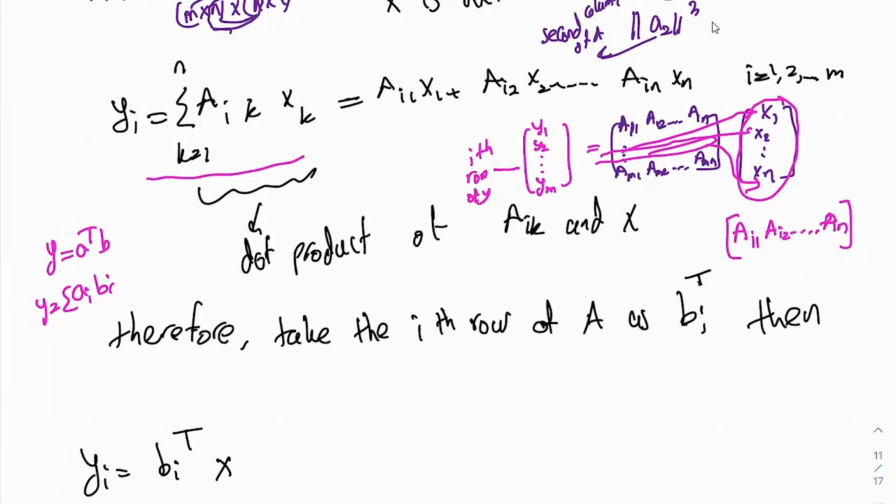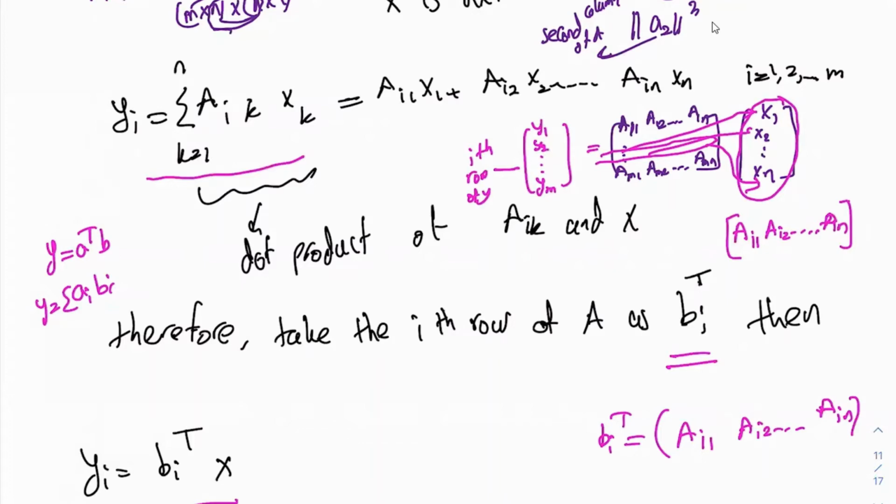What do I mean by that? This means that take the ith row of A as bi transpose, right? Take this ai1, ai2 all the way to ain as bi transpose. Then you can calculate each component of vector y as this dot product operation. You can say yi is equal to bi transpose times x.